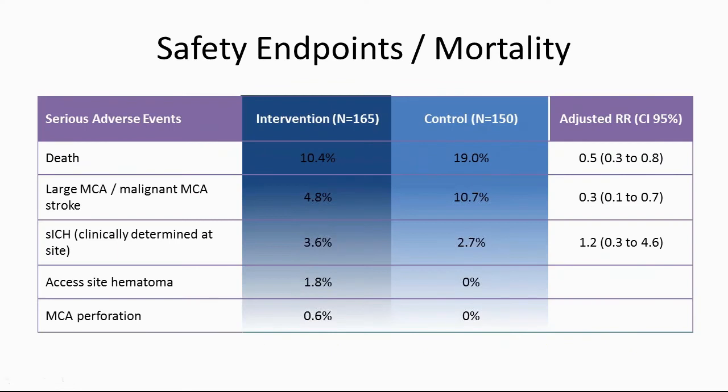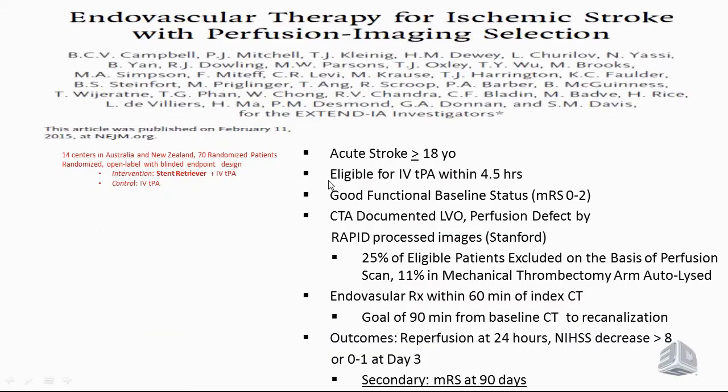And again, this just shows complications, not statistically significant. Notice that with a much smaller percentage of large MCA strokes, the death rate was quite a bit less in the intervention group. So the second trial was the Extend-IA.